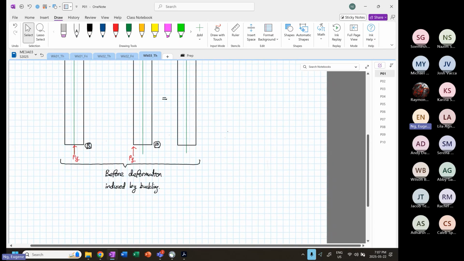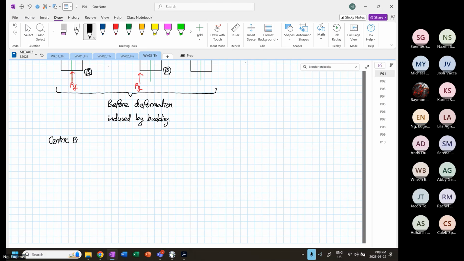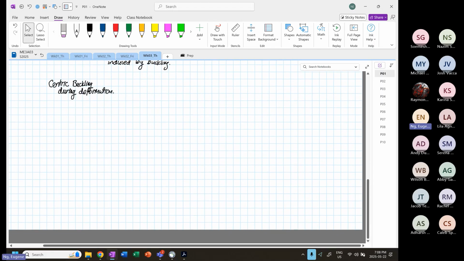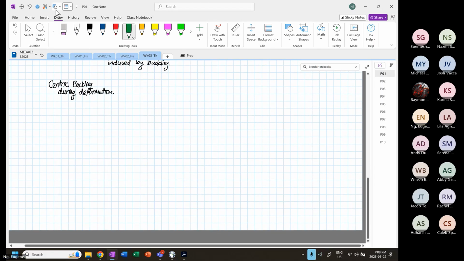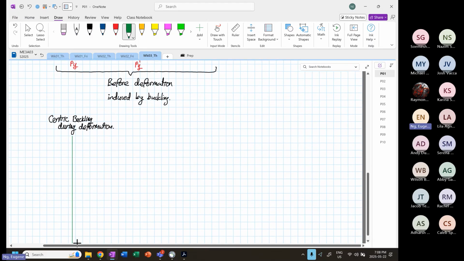again, I'm going to sketch eccentric buckling during deformation. So again, I'm going to have a green line, and this green line is again our centroid.